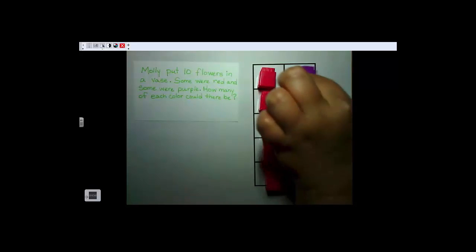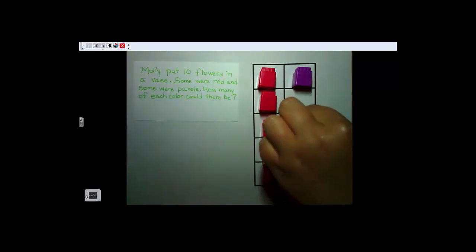10 is a very important number in first grade, so a 10 frame would be a great tool for a first grader to use to solve this problem. First graders could use cubes, and they might even use cubes that are the color of the flowers in the problem. They know that when a 10 frame is full, it shows 10 in all.